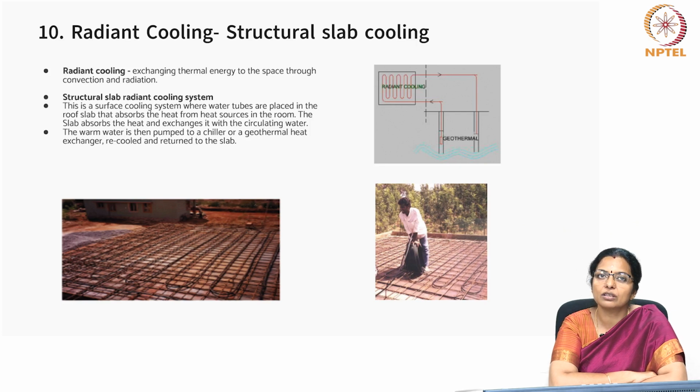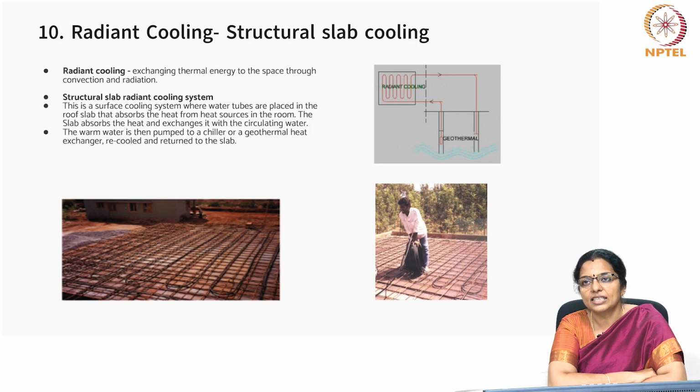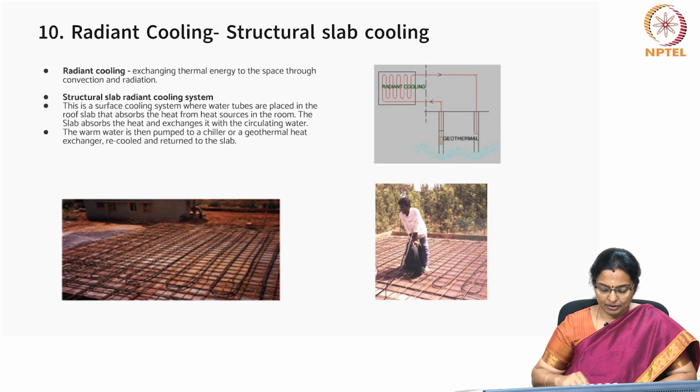The heat sources in the room warm up the slabs, and the cool water inside the tube helps in reducing the temperature of the slab. The slab absorbs the heat and exchanges it with the circulating water. The warm water is then pumped to a chiller or a geothermal heat exchanger, recooled, and then returned to the slab.